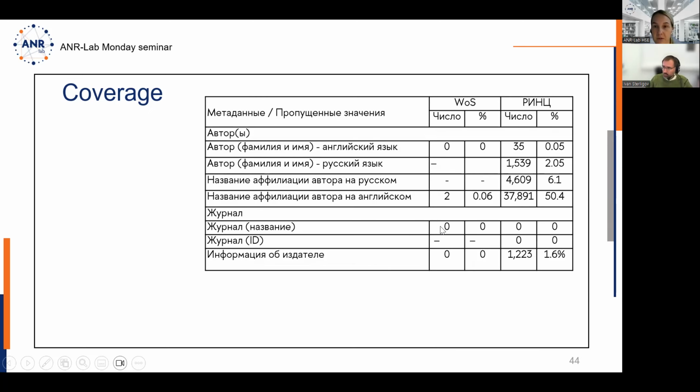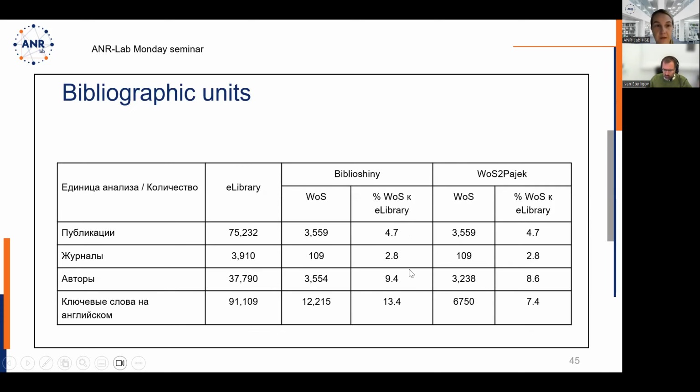And then talking about authors, as I said, we had some problems with affiliations, but basically it was pretty okay. And here we can see the number of bibliographic units which we were able to analyze. For eLibrary, it was quite easy.